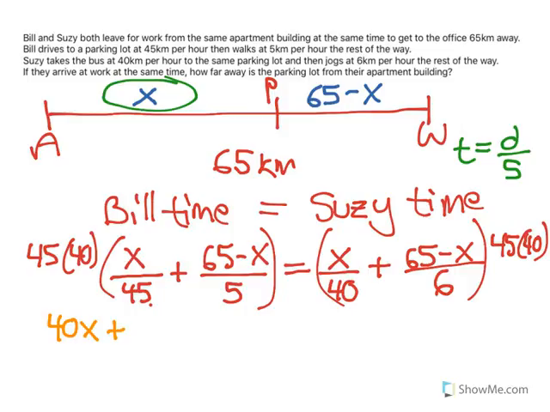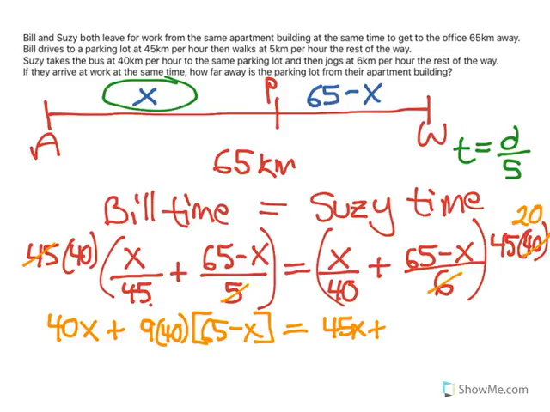Plus 9 times 40, because 45 over 5 is 9. 9 times 40 into 65 minus x equals, on this side we get 45x plus, how can we do this nicely? 40 can go to 20 over 3 by dividing the 2 out, and then we can do 45 over 3 is 15. So 15 times 20 times 65 minus x.